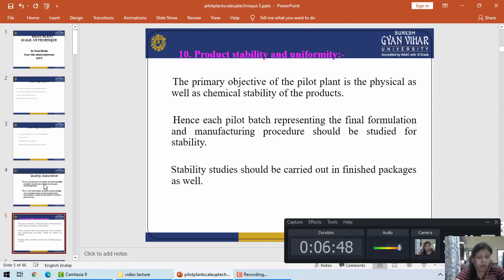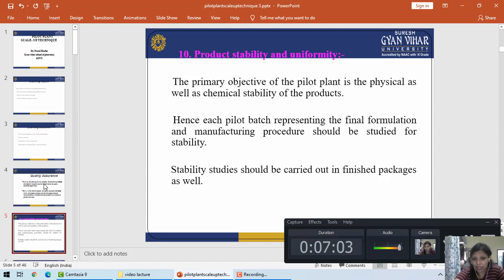If it is not stable, we cannot make it. Hence each pilot batch representing the final formulation and manufacturing procedure should be studied for stability.